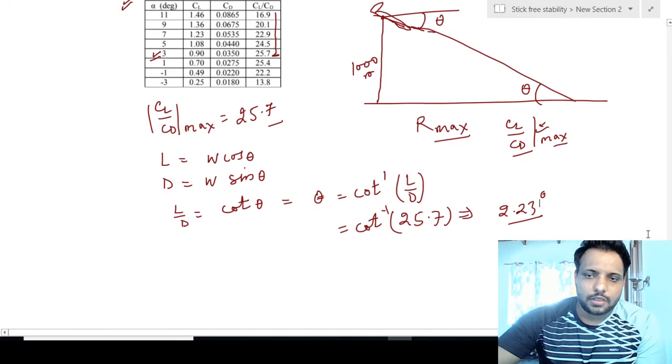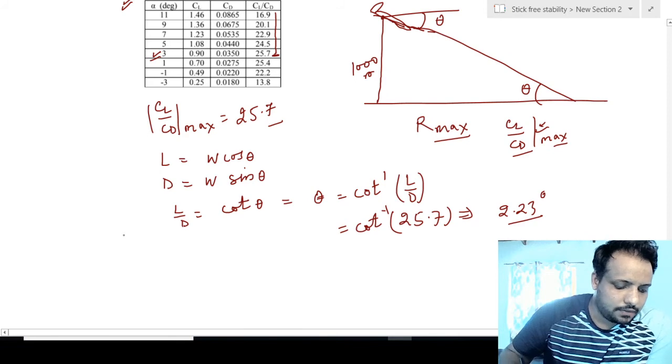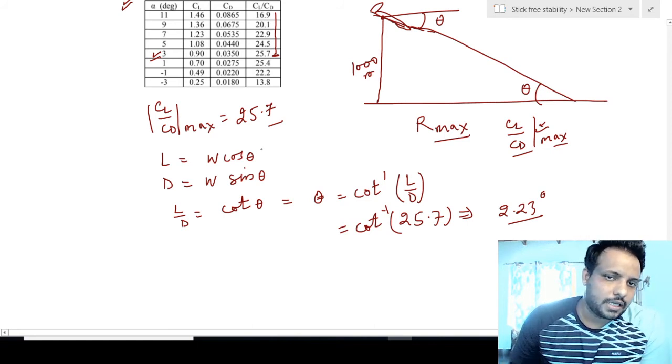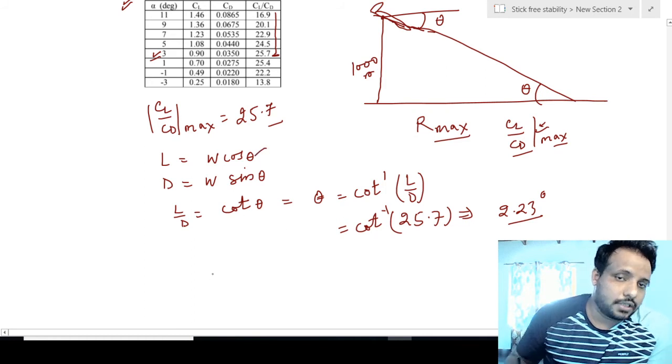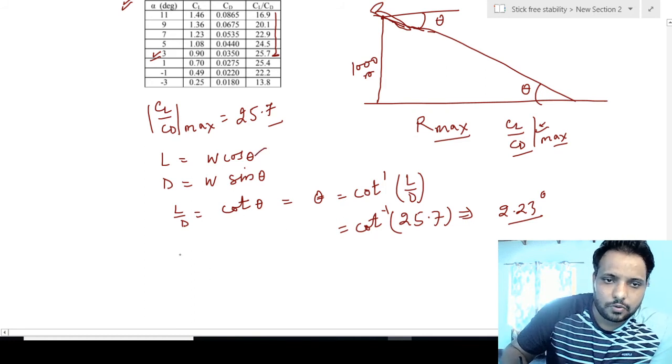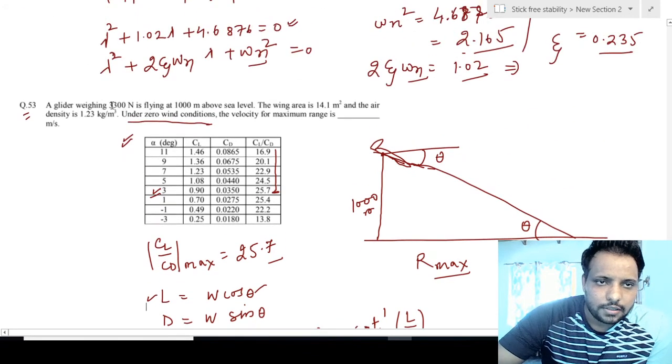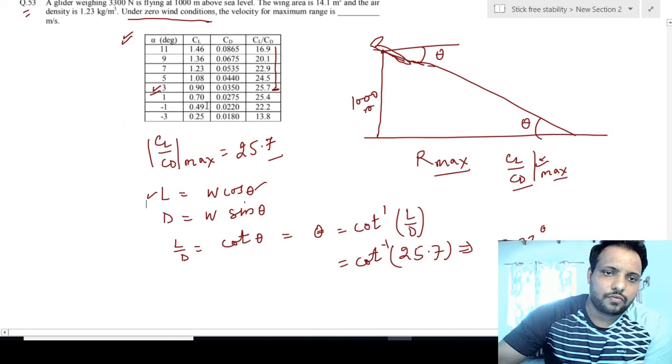Now if I put this value of 2.23 back in one of these two equations, I'll easily get the value of the velocity. Let's say I put it in this. So lift, what is the weight? Weight is 3300.